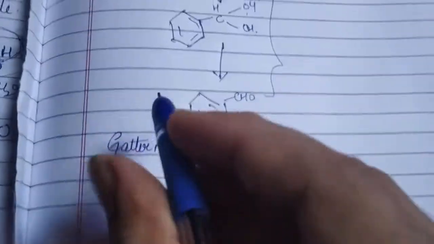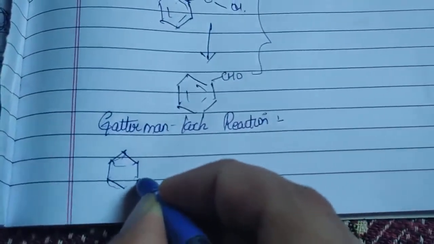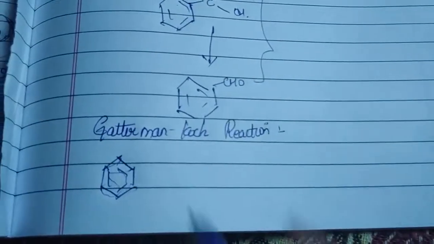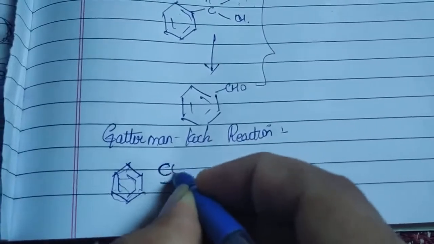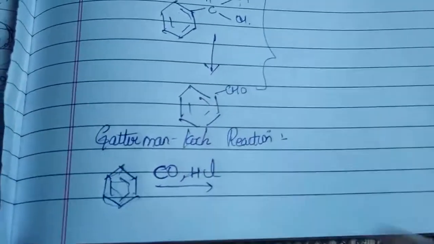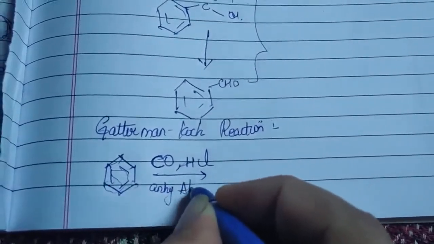That means what? When I write the reaction, you'll come to know. So when benzene is treated with carbon monoxide in the presence of hydrogen chloride, and very important, anhydrous AlCl3.